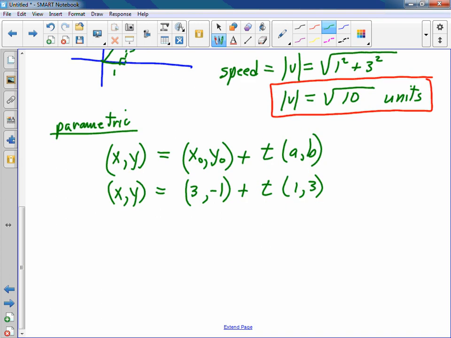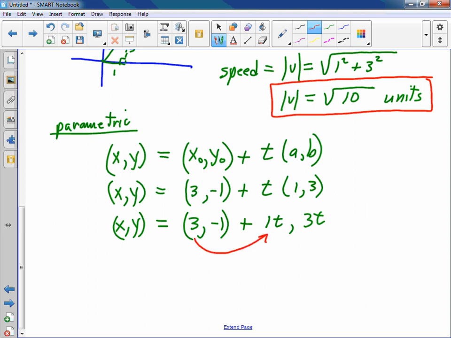And so now we can distribute that 1 and 3, and we can say (x, y) equals (3, -1) plus (1t, 3t). And so this 3 here is x, this 1t is x, this negative 1 is y, and this 3t is y. So we can just combine these two. That goes with that, that goes with that.